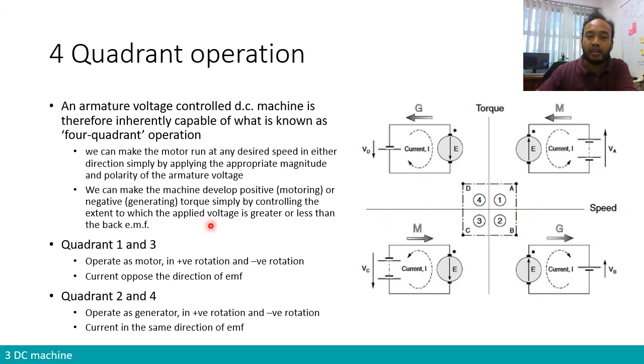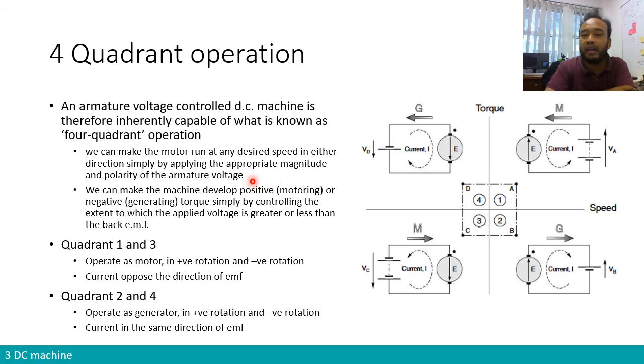So the explanation over here is basically the explanation of what I have been explaining just now, the 4 quadrants. Quadrant 1 and quadrant 3 is what we call the motor quadrant. Quadrant 2 and quadrant 4 is the generator quadrant.